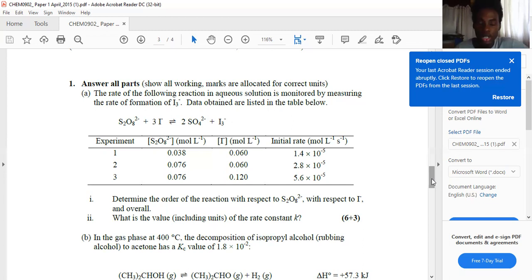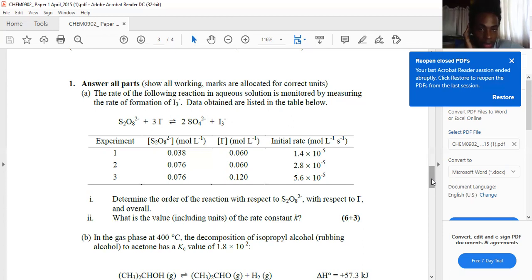Oh, and another thing as well. When you're doing these types of questions, you're going to choose an experiment. Choose one of the experiments from the table above, for example, experiment 1. Once you choose that, ensure that you use only the values within that experiment.